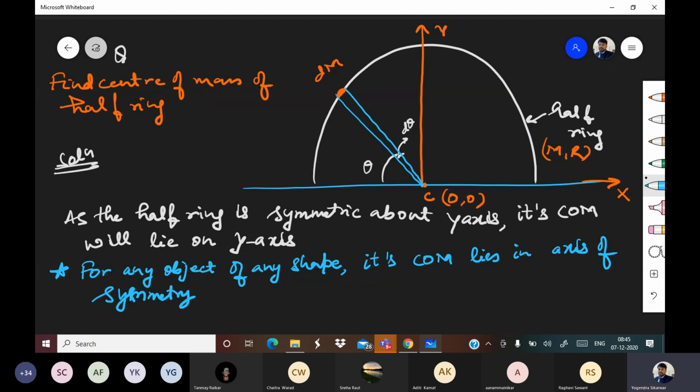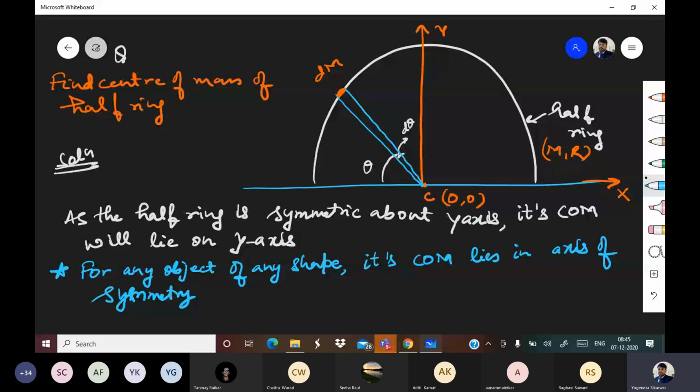Now, what do you mean by axis of symmetry? If you see the line y-axis, then on the right side and left side, the half ring is exactly the same. That is the meaning of this half ring being symmetric about the y-axis.